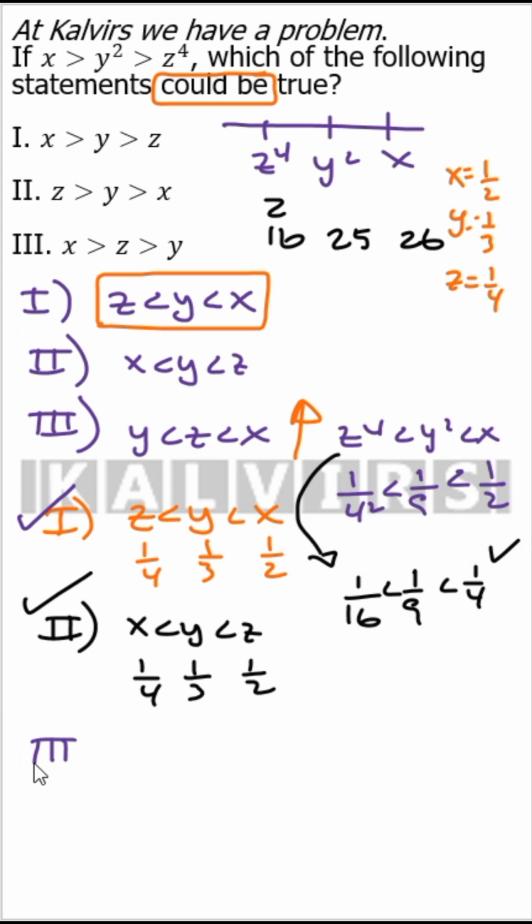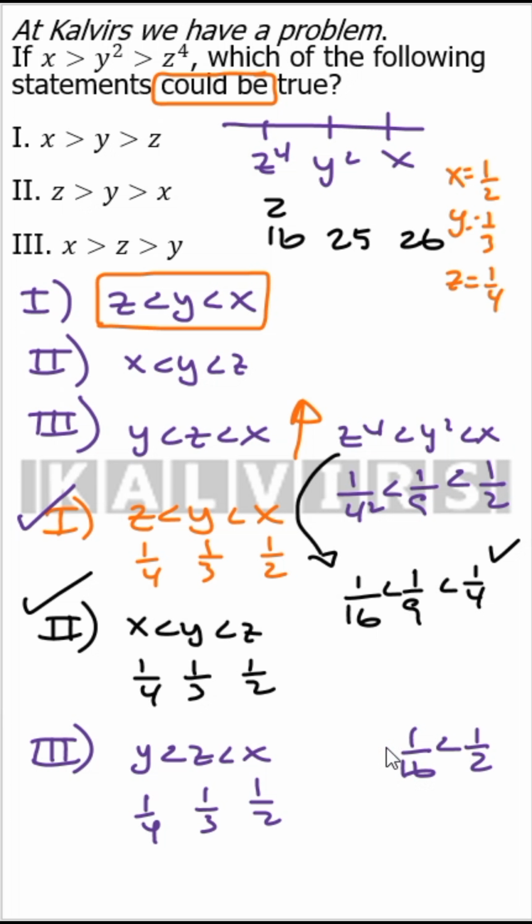Now let's move to the third one, y less than z less than x. Let's try with the same numbers, 1/2, 1/3, and 1/4, and see if that works on the main statement. x right now is 1/2, y squared is 1/4 squared, which is 1/16, and z, which right now is 1/3, to the power of 4 will be 1/81.